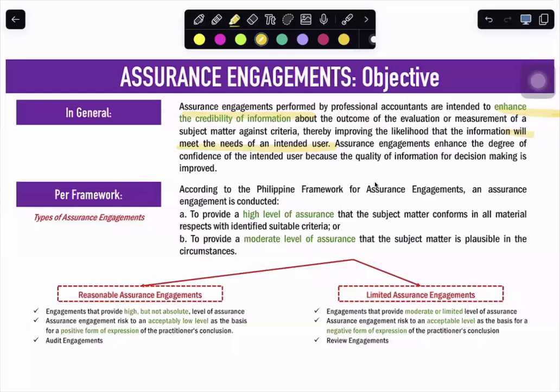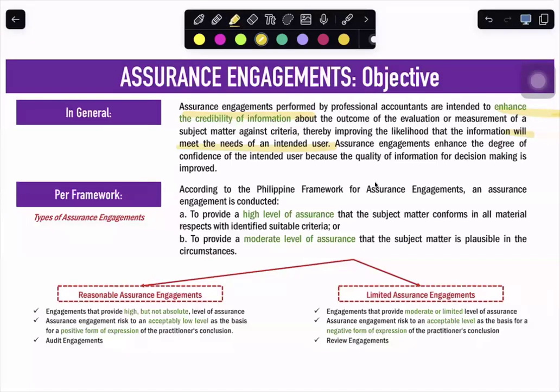Assurance engagements enhance the degree of confidence of the intended user because the quality of information for decision-making is improved. Why? Because again, the subject matter now is reliable. So the decision-making of the user is now improved because the document that the user is now using is reliable. At the same time, it was already checked by a particular practitioner.